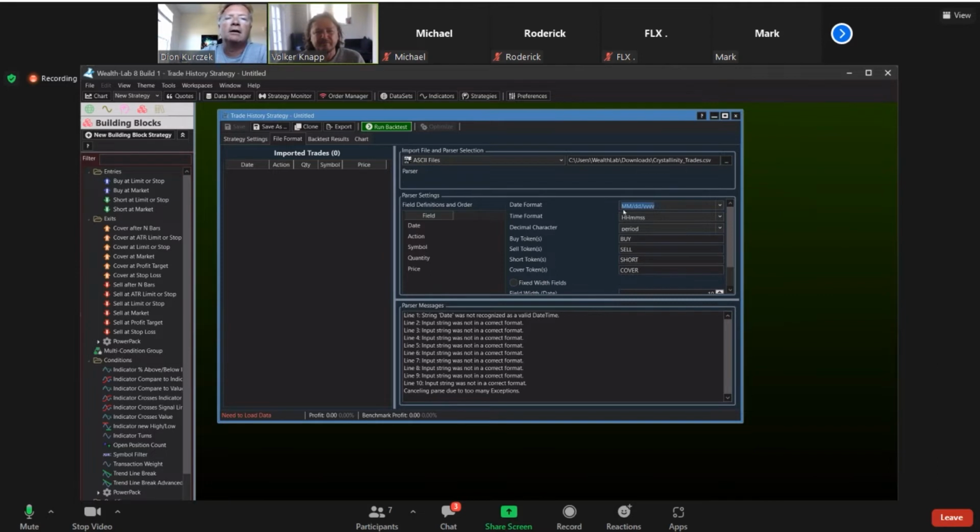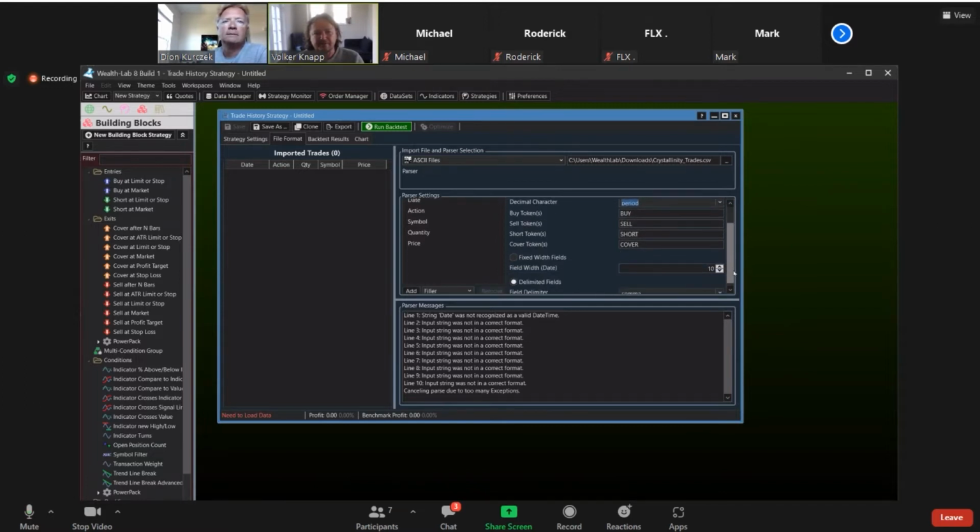It's not going to recognize that because it's using single digit dates. So you can also type in a format here. What we need to do is change the format to M/D/YYYY. That's our correct format. And then we say it's comma delimited.